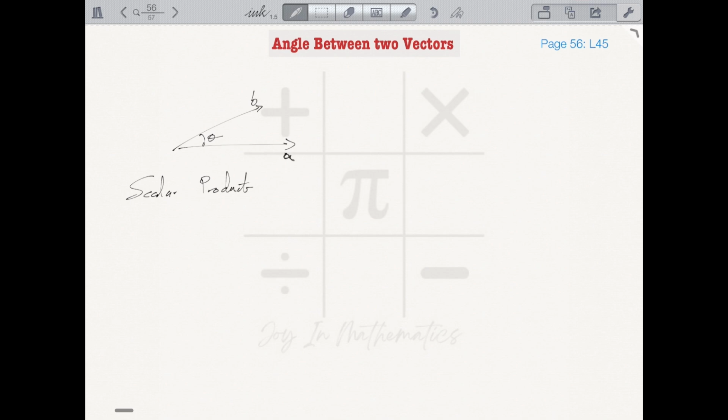The scalar product A dot B gives magnitude of A multiplied by magnitude of B cos theta. And for the vector product, A cross B is equal to magnitude of A magnitude of B sine theta.